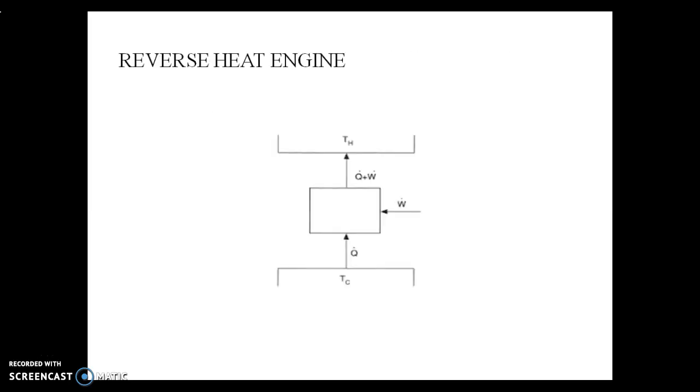This is the block diagram of the reversed heat engine. In the reversed heat engine, this is the hot reservoir. The temperature of the hot reservoir is TH. This is the refrigerating system. This is the low temperature reservoir. The temperature of the low temperature reservoir is TC.